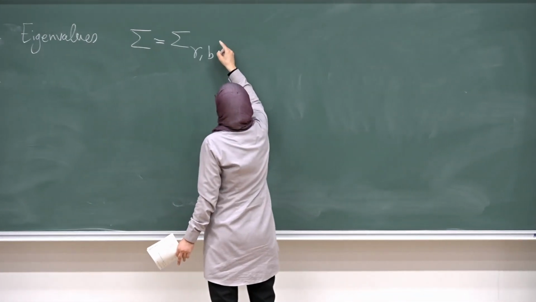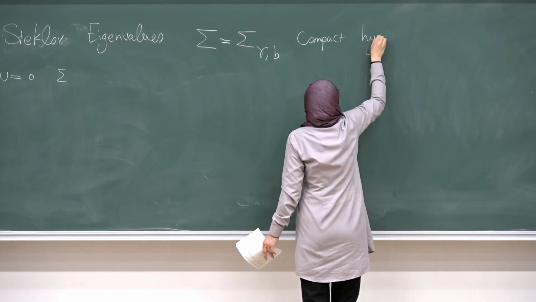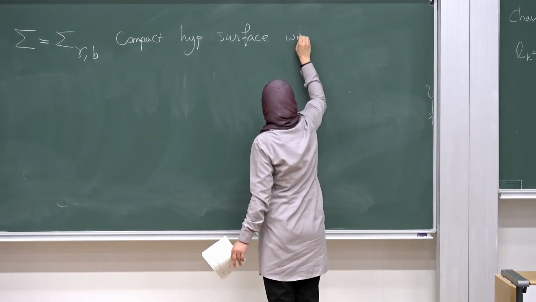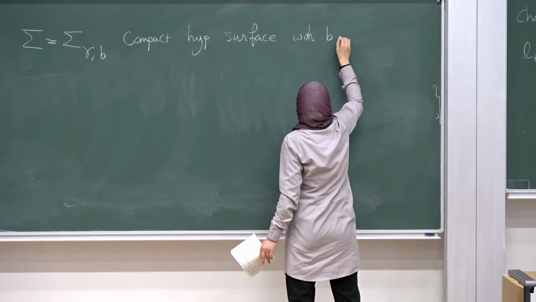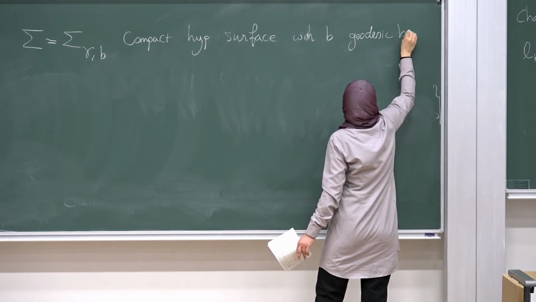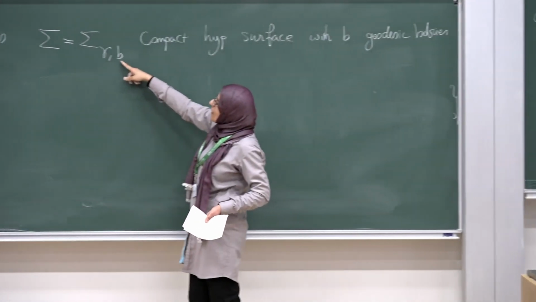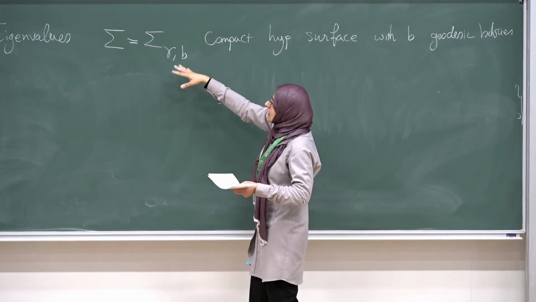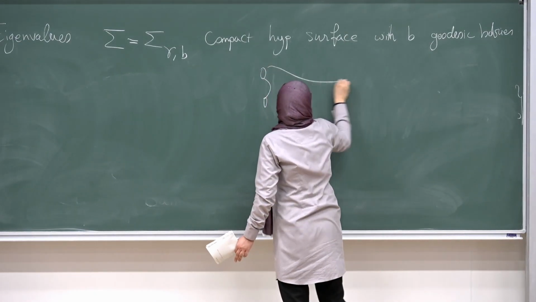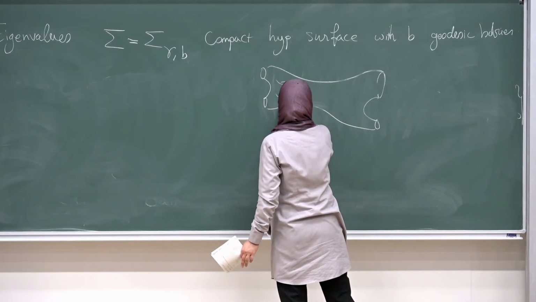So it's a compact hyperbolic surface with B geodesic boundaries. B is the number of boundary components, sigma is connected, but we have B boundary components.